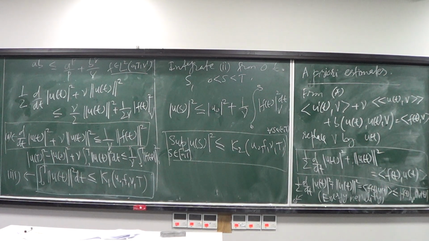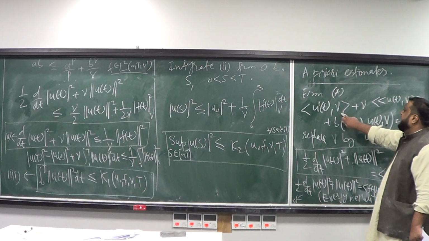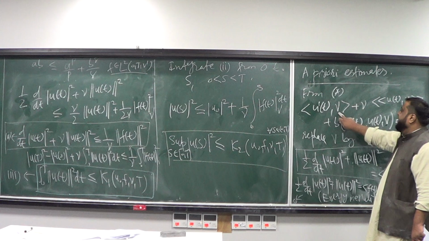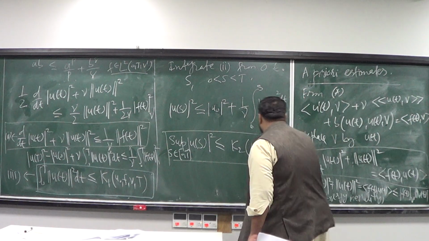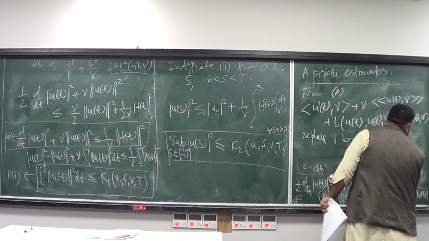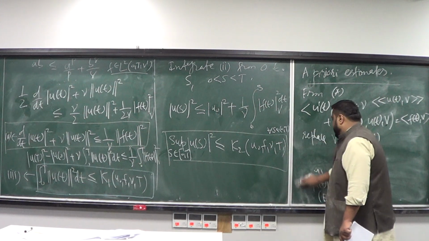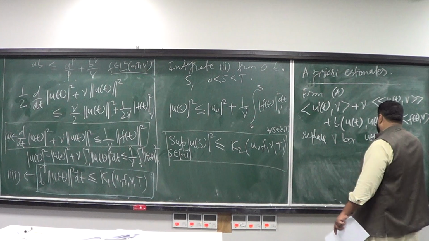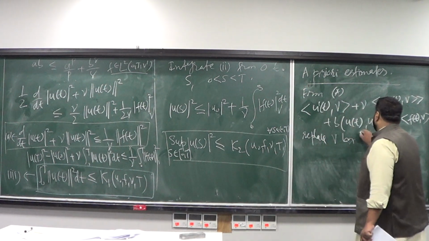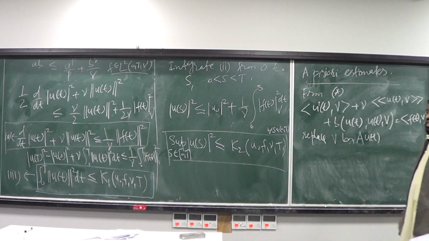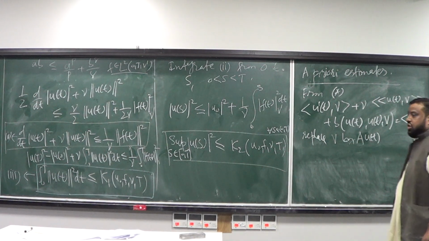Now what I would like to do is replace, in the same star equation, v by Au. Let's do the calculation and replace everywhere in this equation v by Au(t), where A is your Stokes operator.